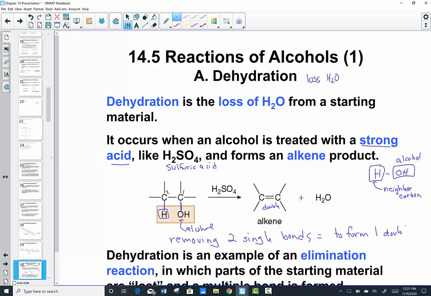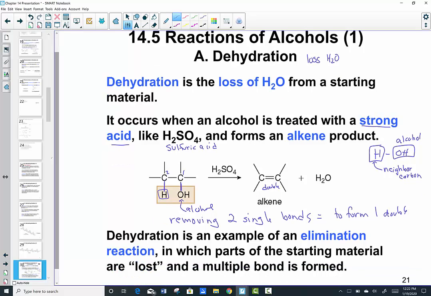And that double bond will occur between the two carbons that originally had the hydroxyl and the hydrogen removed. So this is an example of an elimination reaction. Parts of the starting material are lost and a multiple bond is formed. In this case, the multiple bond will be a double bond, the alkene family, ENE.